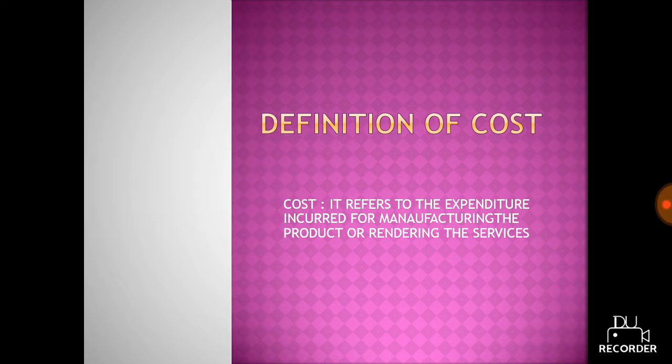Those expenses are also included in the cost of a product. This is known as cost. So finally, we will define cost as any expenses incurred to manufacture the product or render the services for that particular thing.